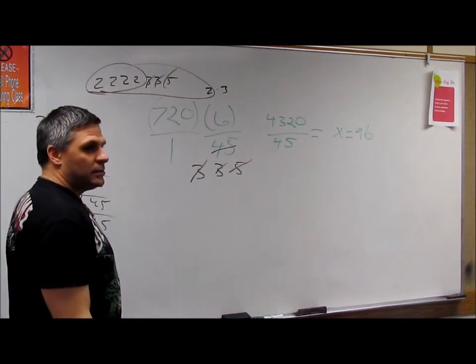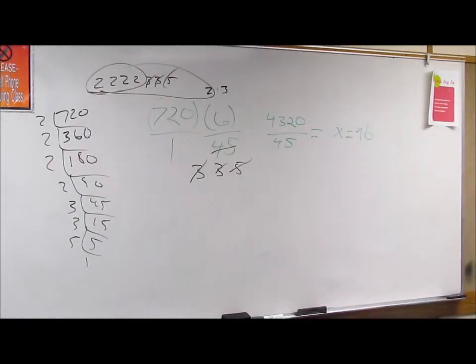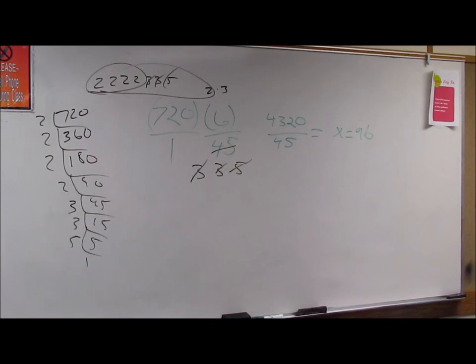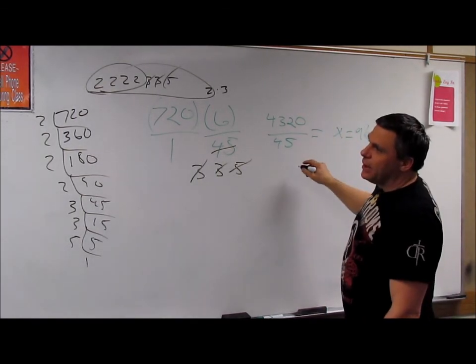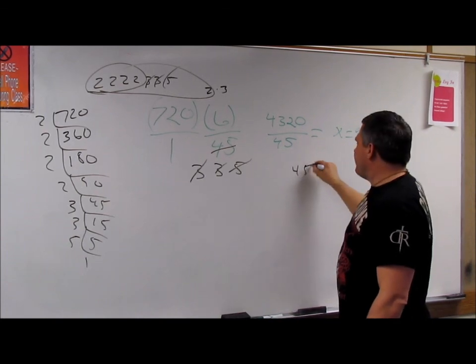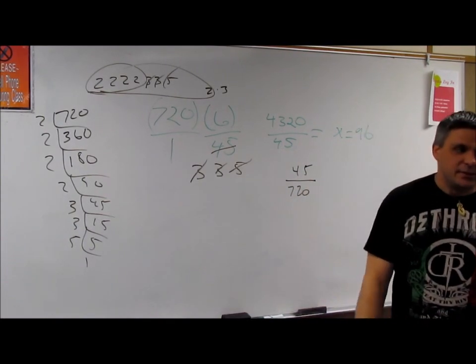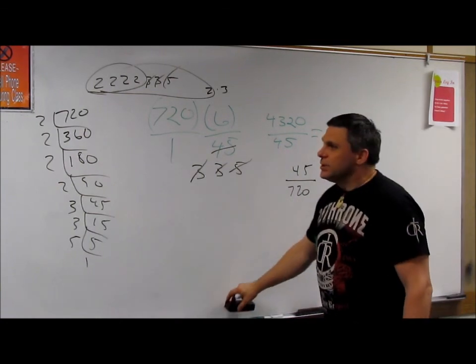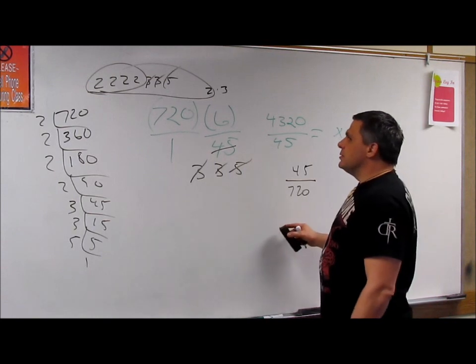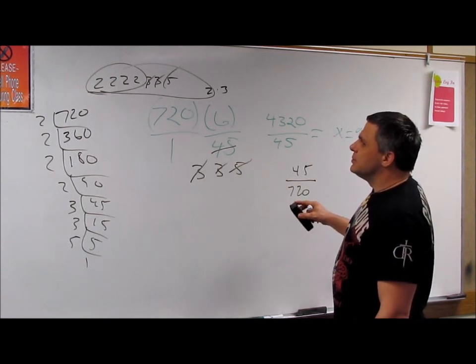This is just another way of doing it, right? I just cross multiplied it. I don't know what you did. Well, the same thing. When you cross multiply, like we did in the last problem, you had 6 over 45, and then x over 720.